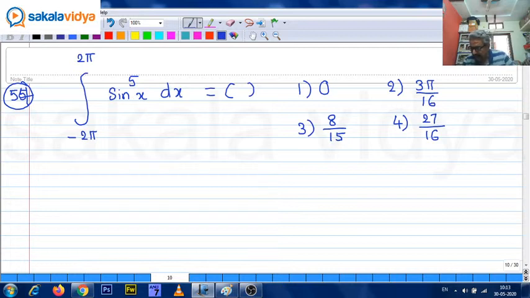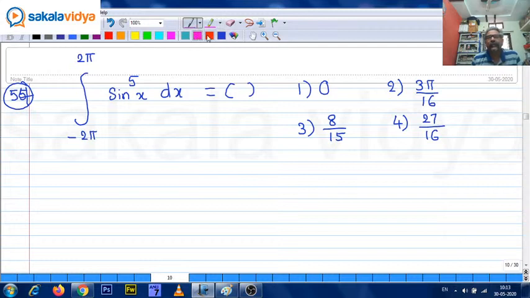Okay, right. See, integral from minus 2 pi to 2 pi of sin x to the power of 5 dx seems to be integral from minus a to a of f of x dx. That means you need to verify evenness and oddness.